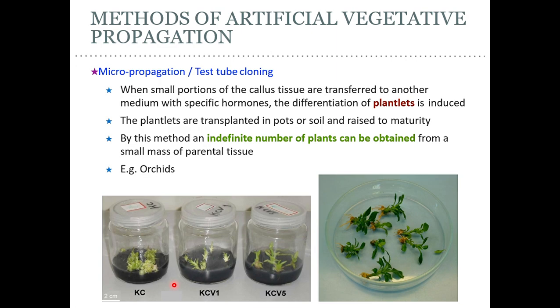And then this plantlet is transplanted in a pot or soil and raised to maturity. It will grow into a mature plant. By using this method, an indefinite number of plants can be obtained from a small mass of parental tissue. An example of plants that use micropropagation is orchids.